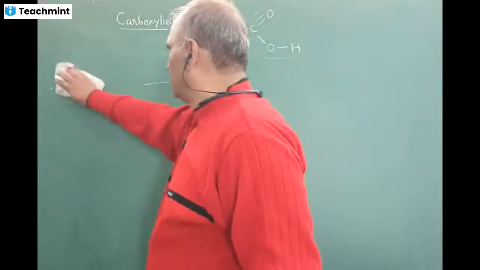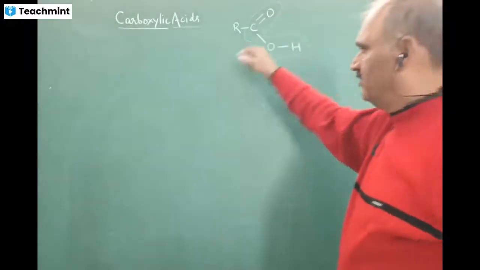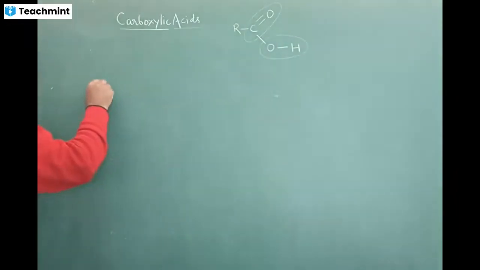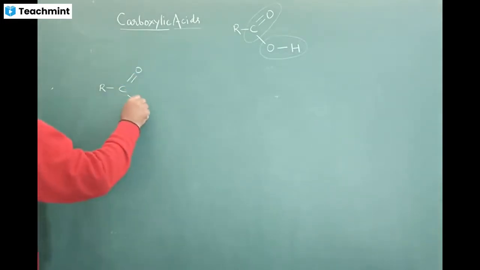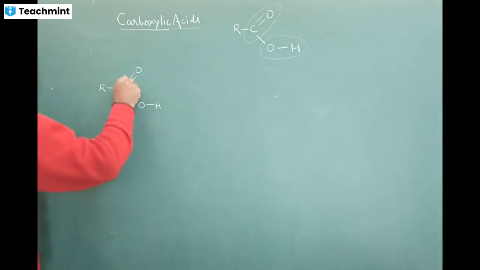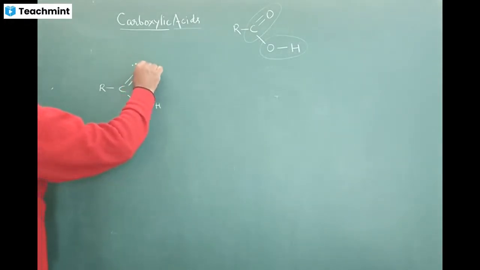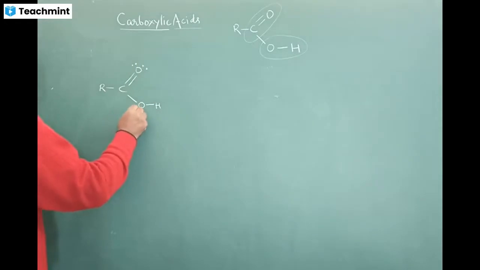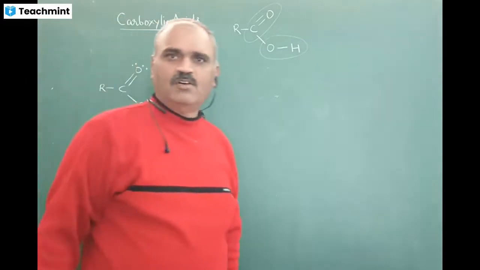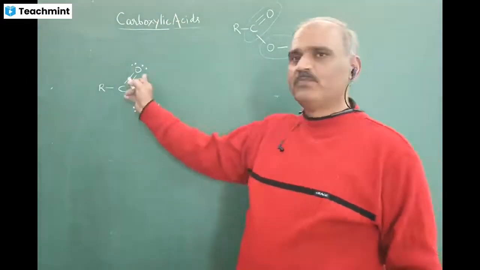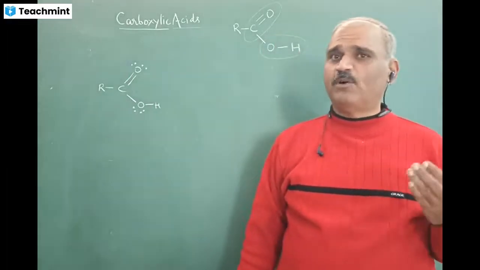If we see a molecule of carboxylic acid, RCOOH, it has a carbonyl group as well as an alcohol group, but it does not show most of the properties of carbonyl compounds as well as alcohols. Of course, they have a carbonyl group as well as an alcoholic group, but their properties are different from both.